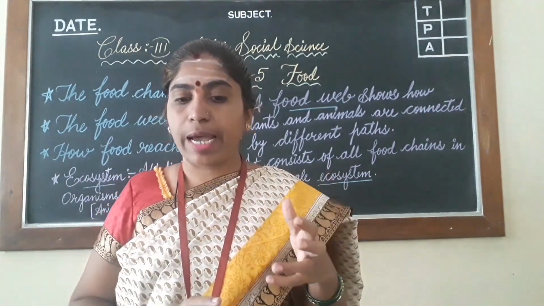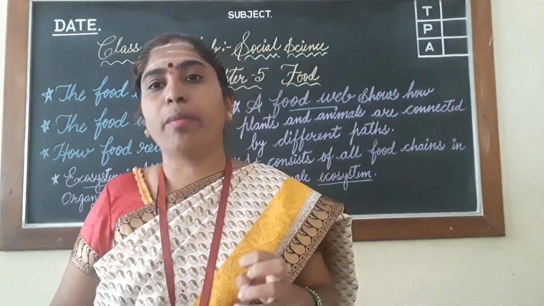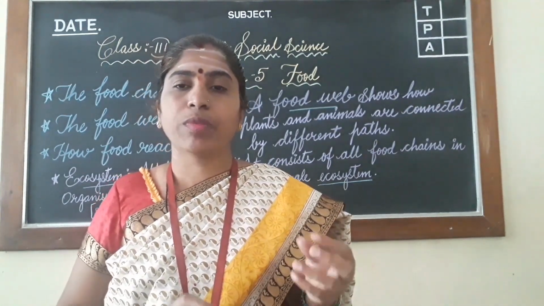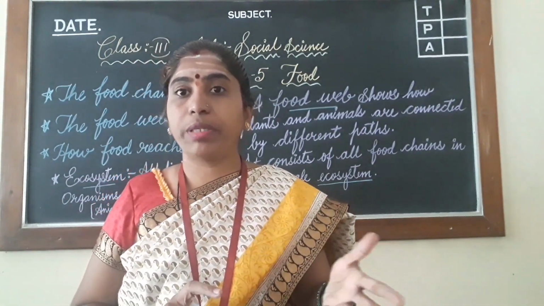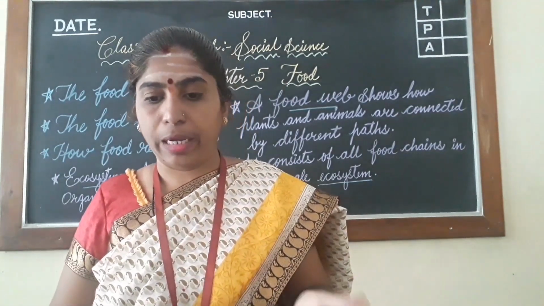For example, fertile soil helps in the growth of oats. Oats is a cereal, isn't it? Oats are eaten by mice. Mice are eaten by cats again. Cats die and aid in the growth of bacteria. When cats die, you find so many germs on them, isn't it? So this leads to the bacteria.